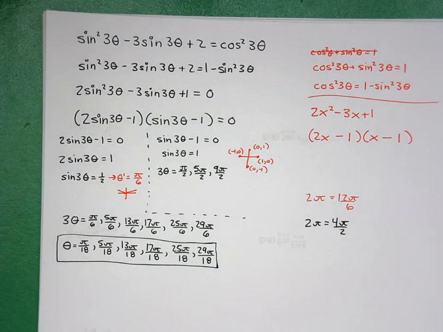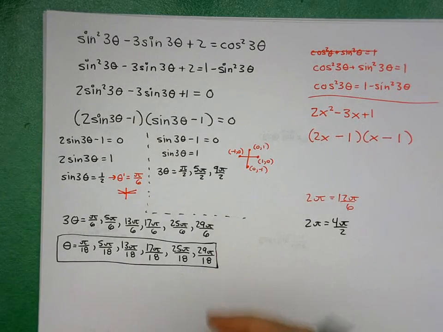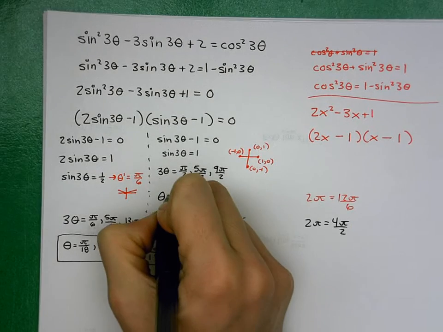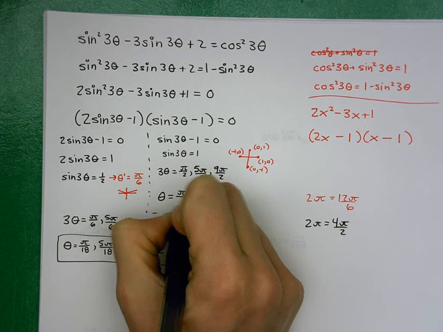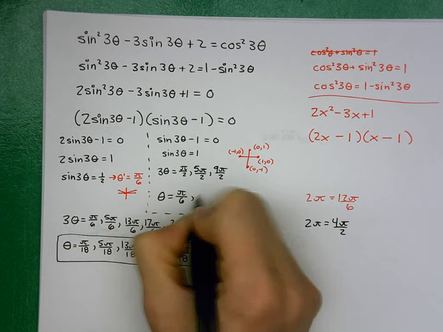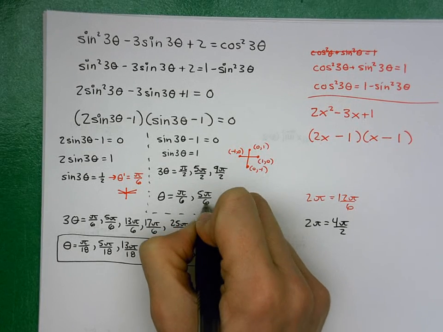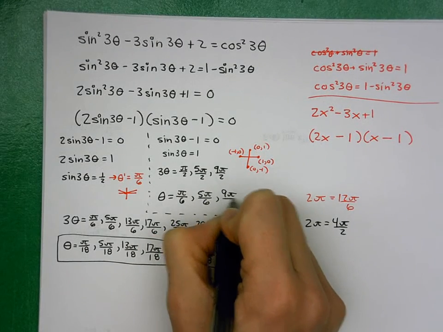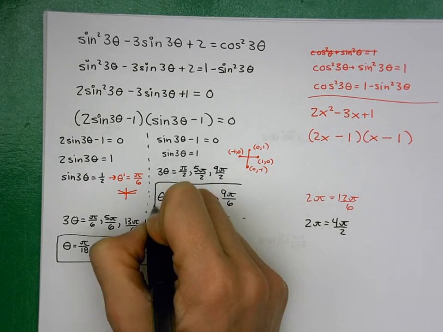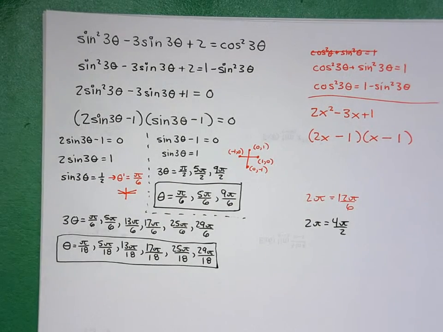And so then dividing 3 through, or multiplying by 1/3, however it is you prefer to think of it, we have pi over 6, 5 pi over 6, and 9 pi over 6, or 3 pi over 2, if you reduced it. And there you go.